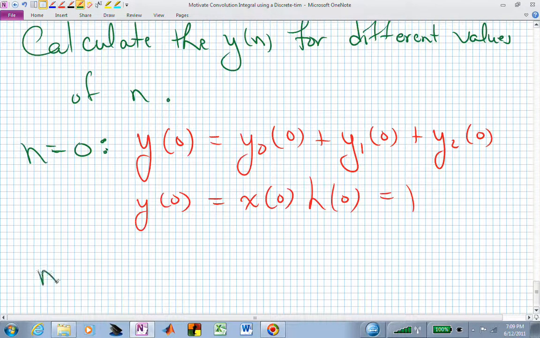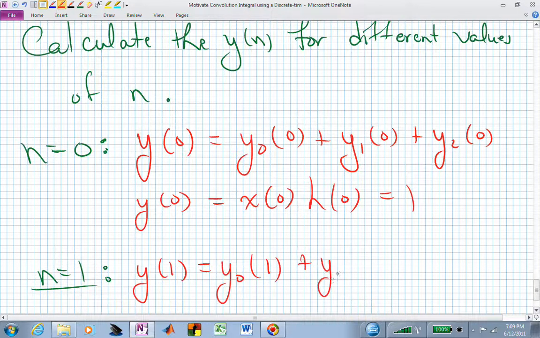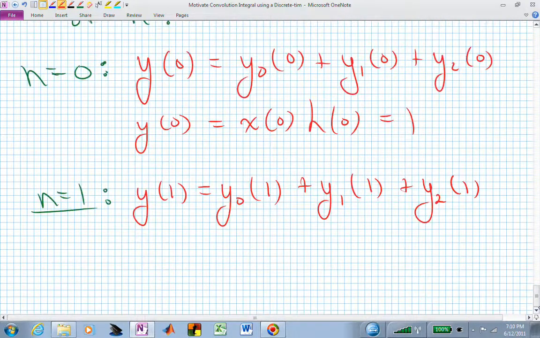Let's now look at the total response when n is equal to 1. That's going to be y at time 1, which is the first component, y sub 0 at time 1. It's the second component, y sub 1 at time 1. And it's the third component, y sub 2 at time 1. If we add those up, this now is y sub 1.